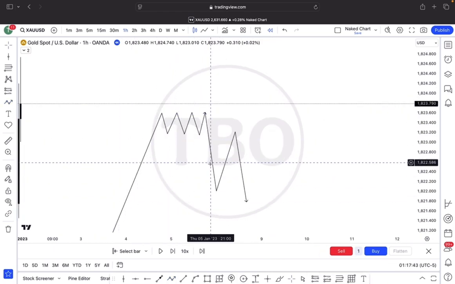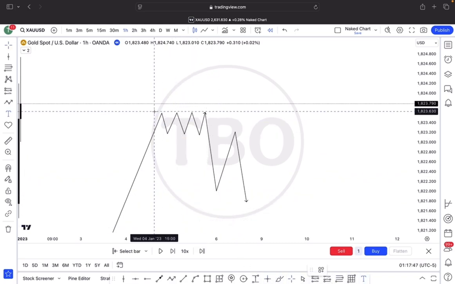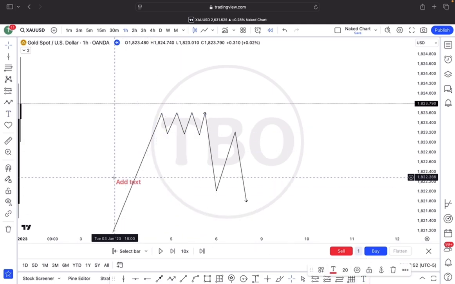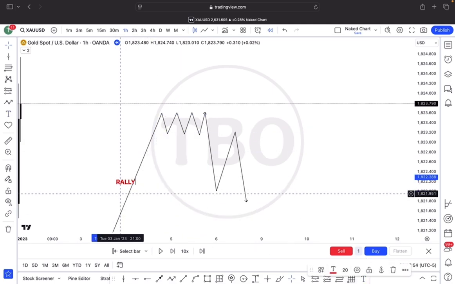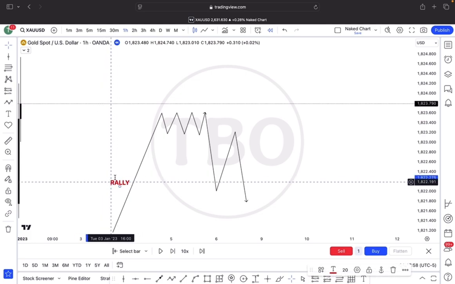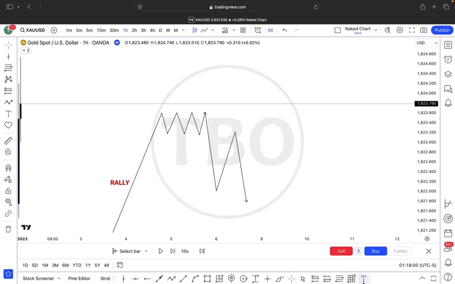But guys, it's not gonna look this beautiful, right? So let me type it out real quick. So first thing first, right? A rally, and a rally is a push, an upwards push.